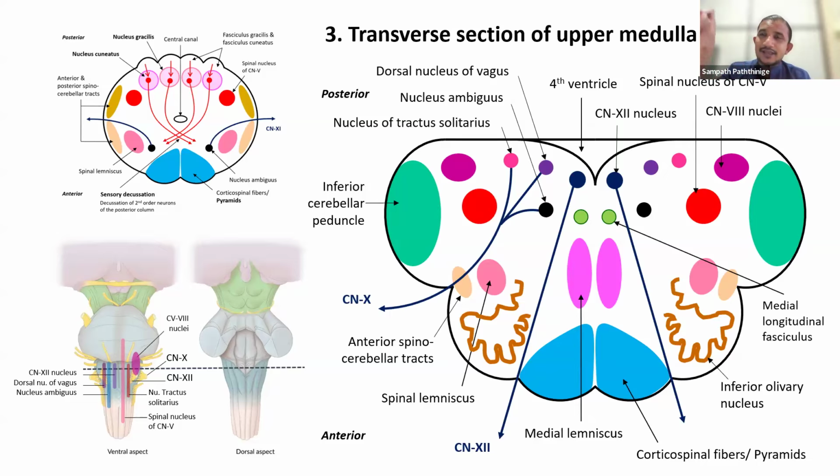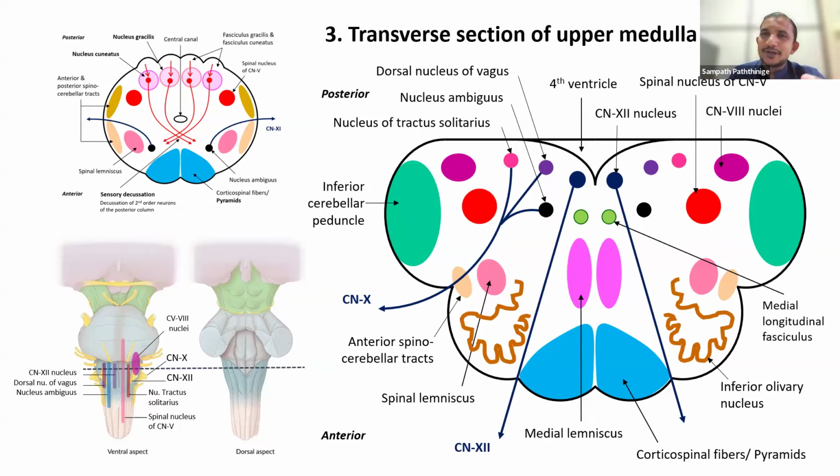So from this upper medulla level upward up to the upper midbrain, you find this nerve fiber pathway, which is known as the medial longitudinal fasciculus, which is a set of connecting neurons between different cranial nerves. So that is the upper medulla.